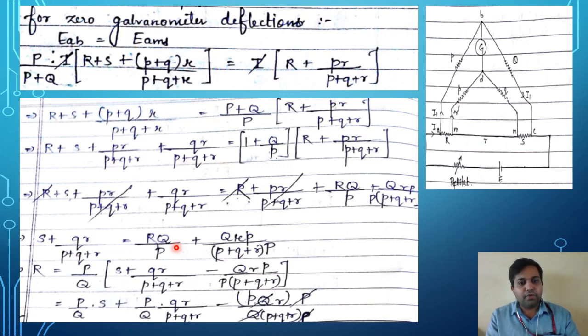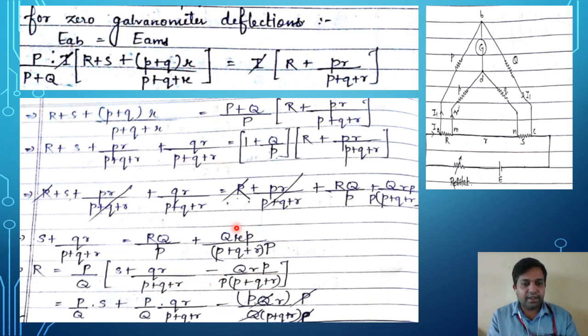Now I am going to take this entire term to this side, so that I can calculate the value of this unknown resistance. So R will be equal to, if I take this term, it will get reciprocal, P by Q. This entire term will remain the same over there. So S plus QR divided by (P plus Q plus R).